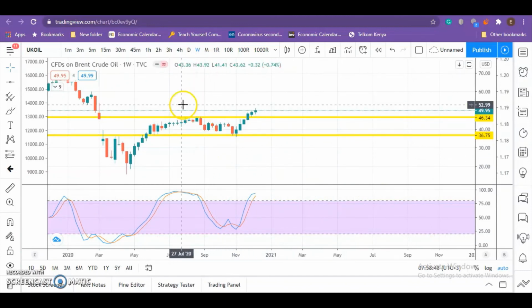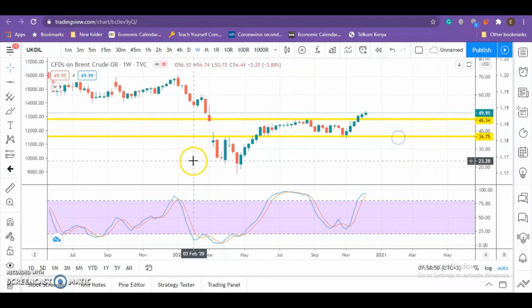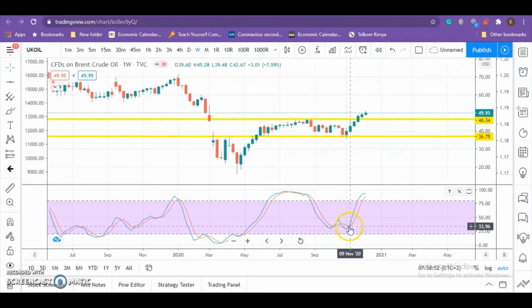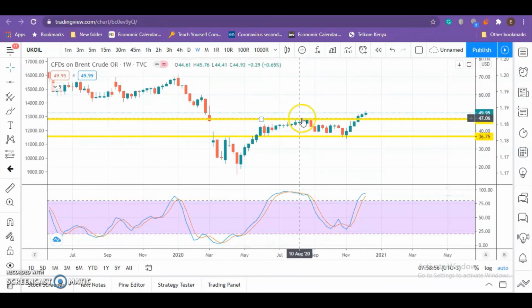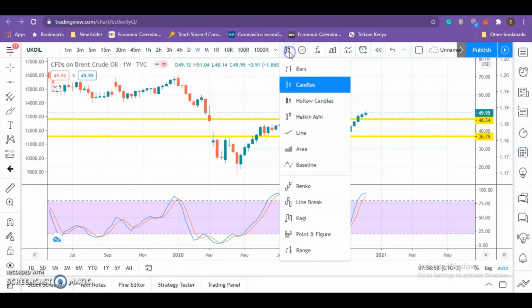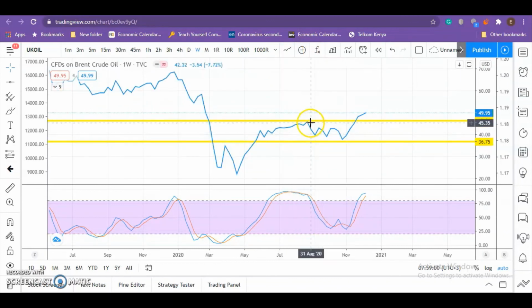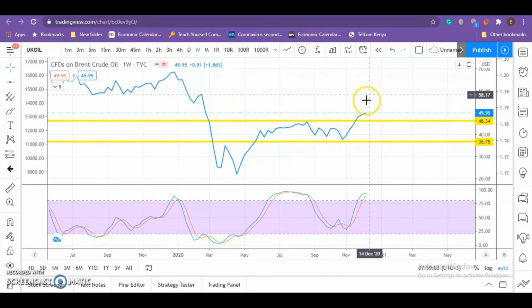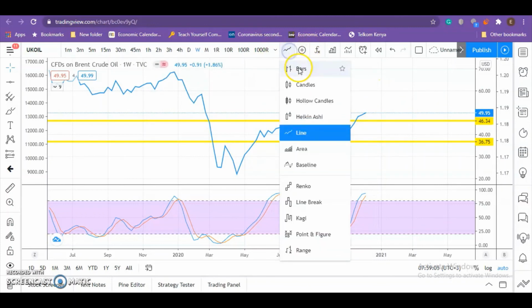So let me look at this one with stochastic. You can see here it formed a W on the stochastic.